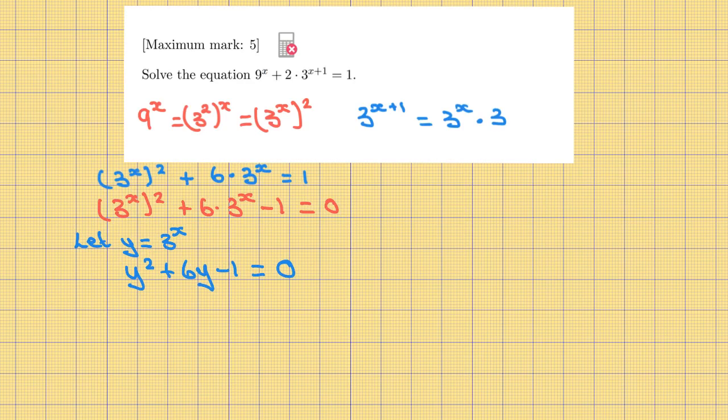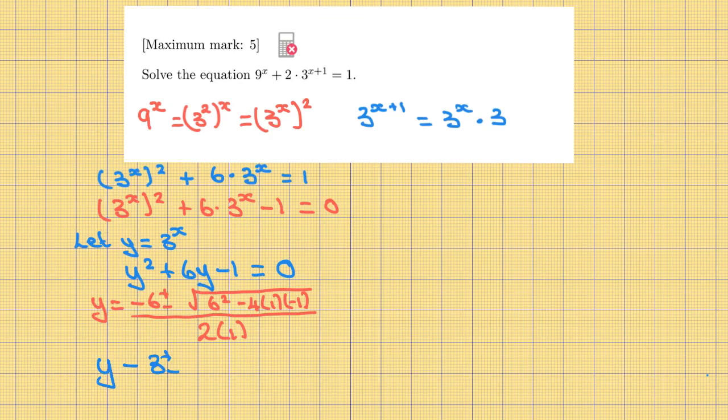So I get y is equal to minus 6 plus or minus the square root of 6 squared minus 4 times 1 times minus 1, all over 2 times 1. So y is minus 3 plus or minus root 10. Because 3 to the power of x must be positive, the only value is y equals minus 3 plus root 10.